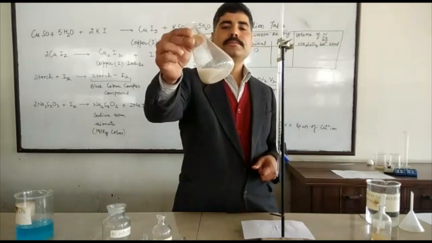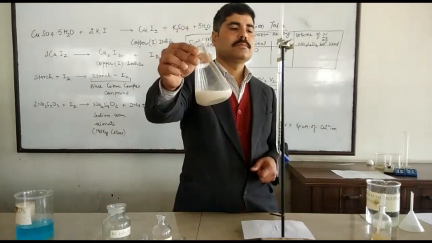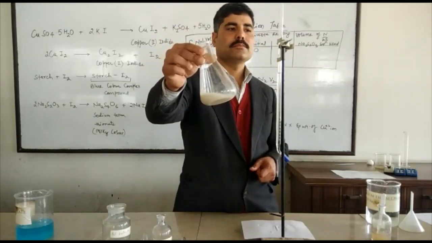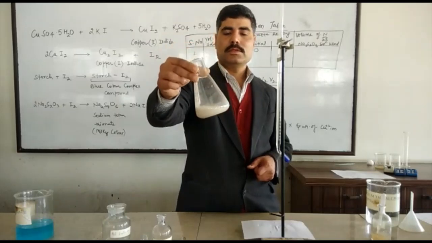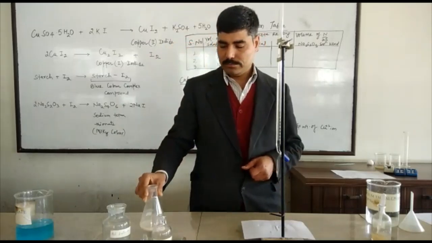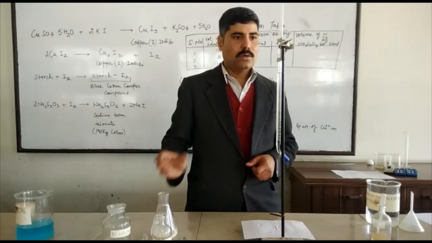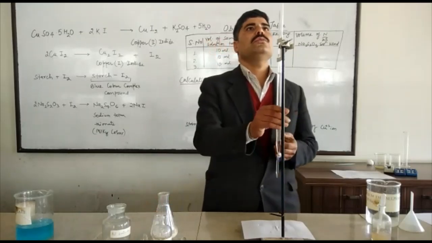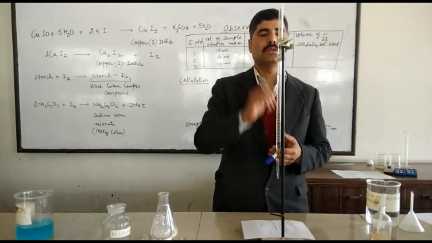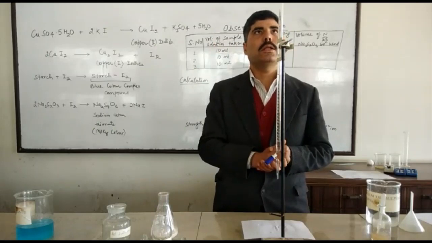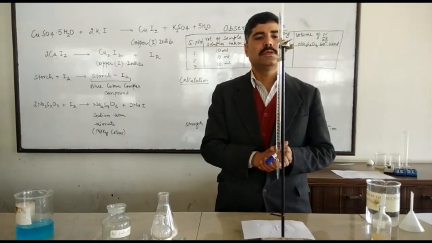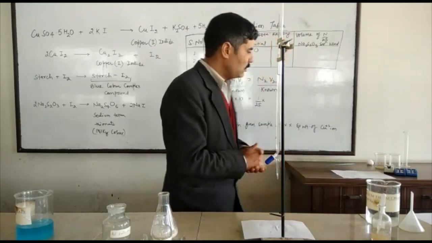Milky color is there. This is our endpoint. Now we have to take the reading from the burette, which we put in our observation table. That is 23.4.